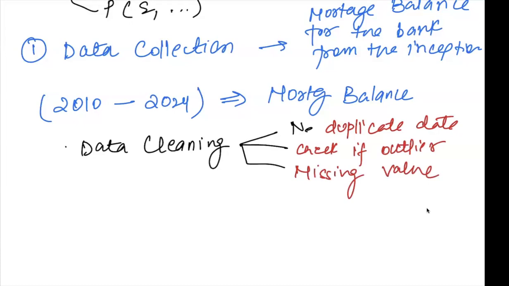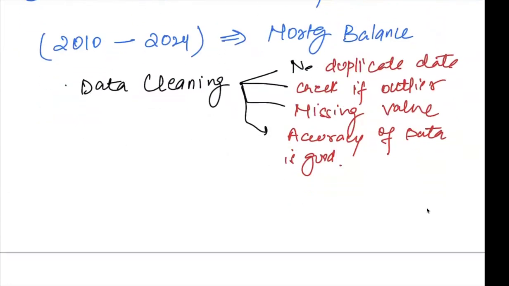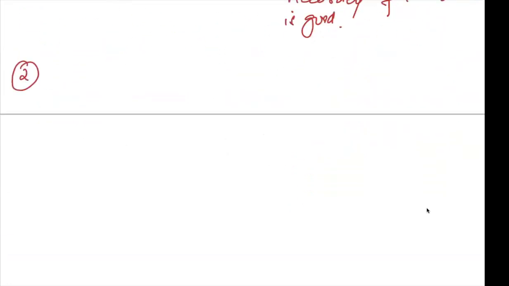Also, sometimes you get incorrect data, so make sure the accuracy of data is good. So there are certain data cleaning steps that you will perform once you have the data, right? Second step in this process.